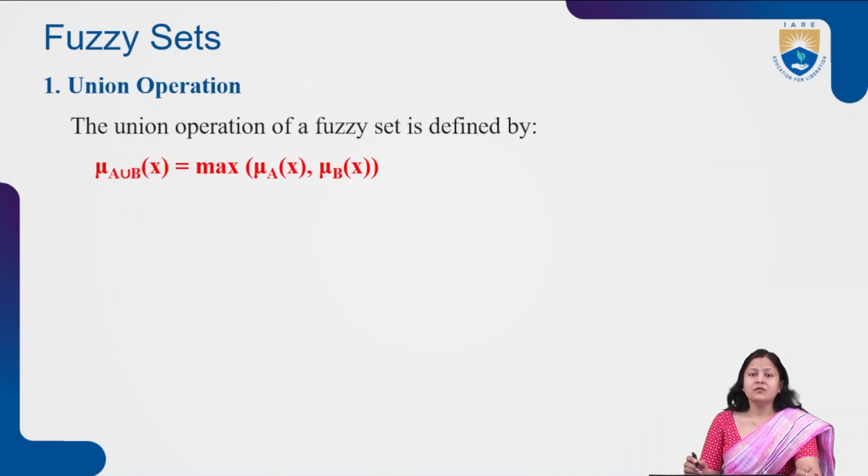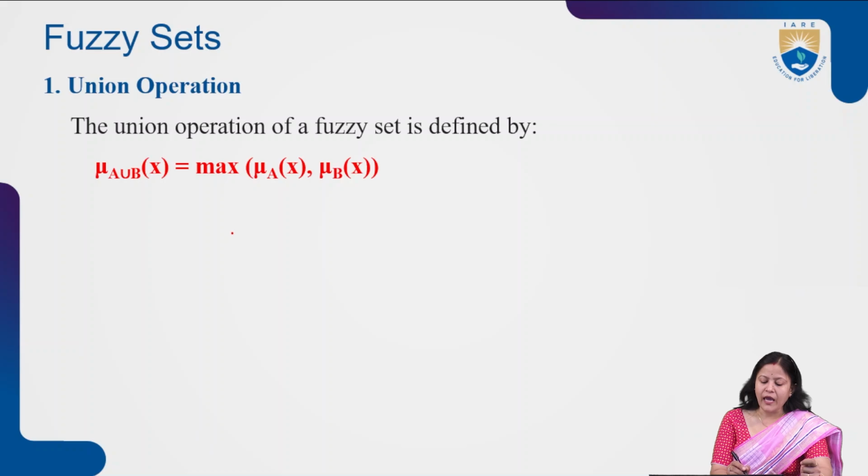Let me discuss the union operation, how it can be performed on the fuzzy set. It is not similar to our classical union operation. It is a little bit different here. The union operation of the fuzzy set is defined by mu of A union B of x, that is equal to max of mu of A of x and mu of B of x. Here I have not written the tilde bar, but you can write it. x is an element of this universe of discourse.